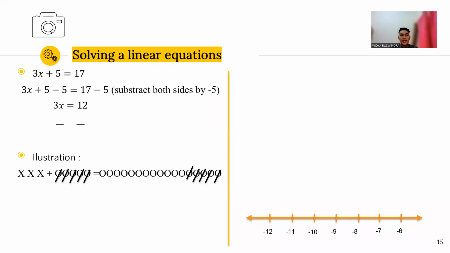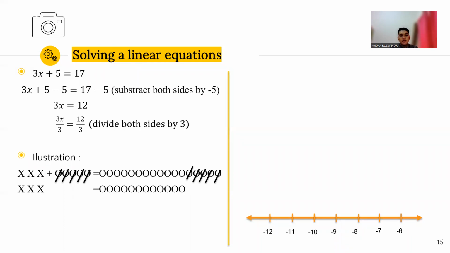And we get 3x equals 12 because 17 minus 5. So next we divide both sides by 3. We get 3x divided by 3 equals 12 divided by 3.